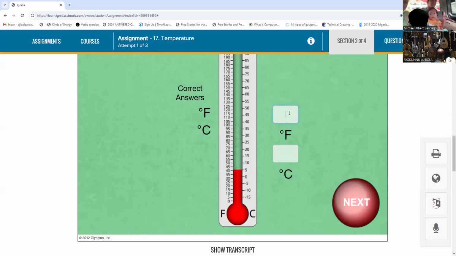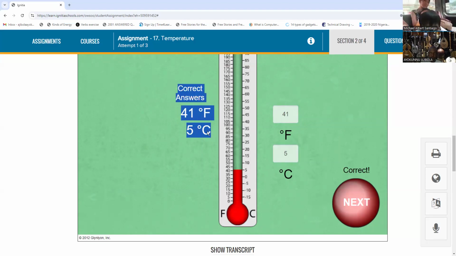It's 5 degrees on Celsius. So maybe we can pick 41, then we pick the 5. So 41 is correct, okay?